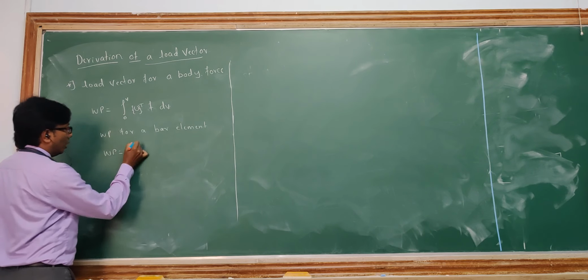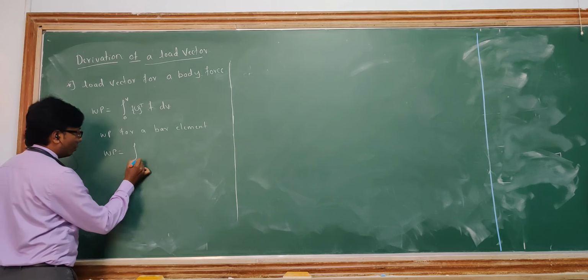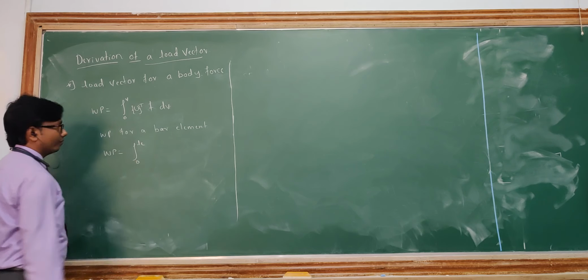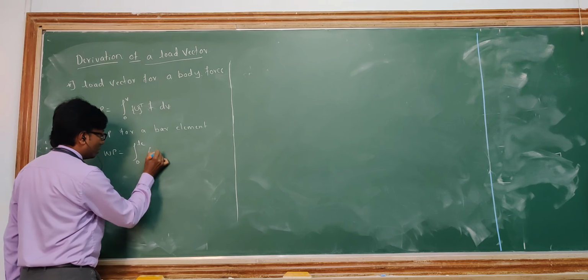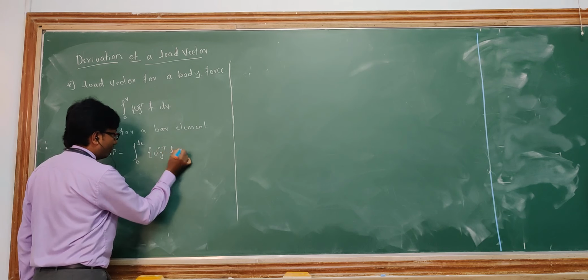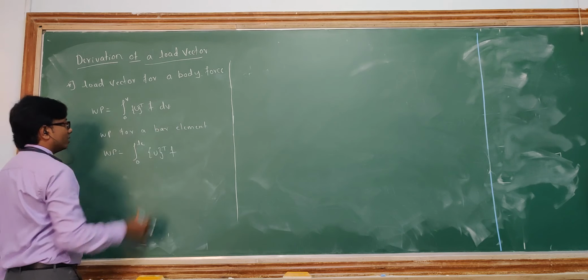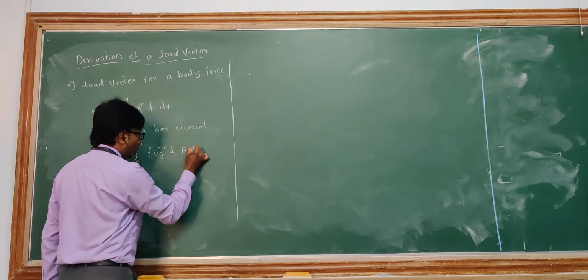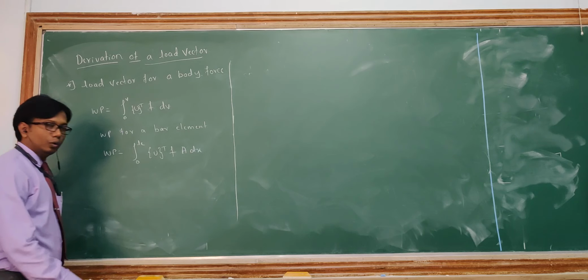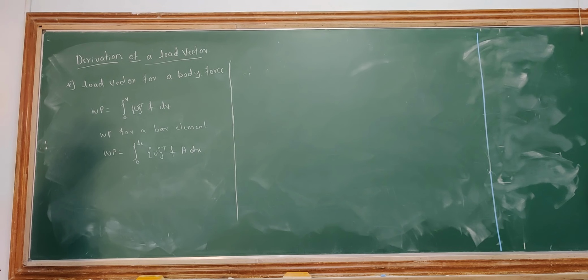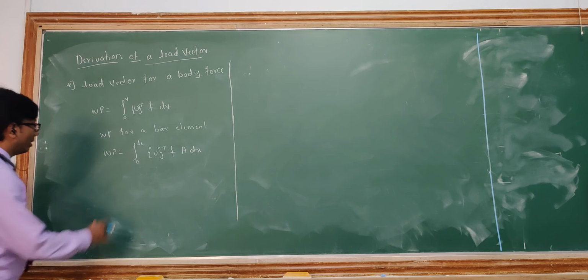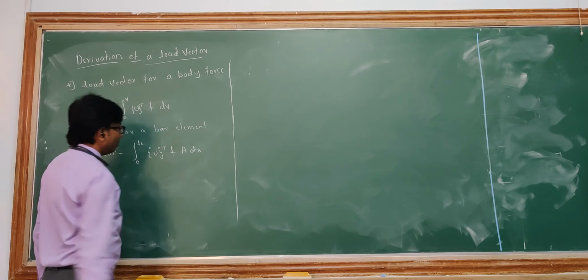So now the integration becomes 0 to length. U transpose remains as it is, F remains as it is, dV is converted into A into dx. I hope it is clear. So this is how we are considering it.